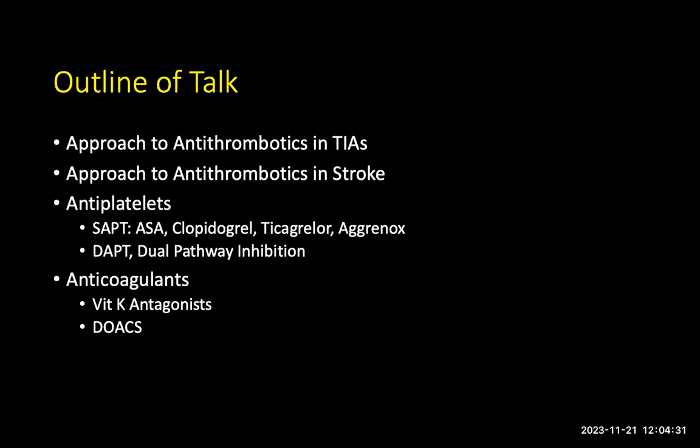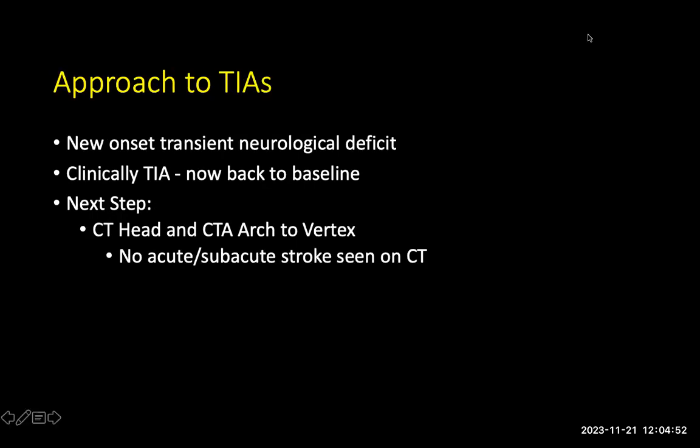So when we talk about anti-thrombotics in stroke, we are referring to both antiplatelets as well as anticoagulants, okay? The way I approach any patient with stroke who comes to emerge is to see what I am actually dealing with. Is it a TIA, wherein a patient has a new onset transient neurological deficit attributable to a vascular territory in the brain, but it has resolved completely and he has gone back to his baseline?